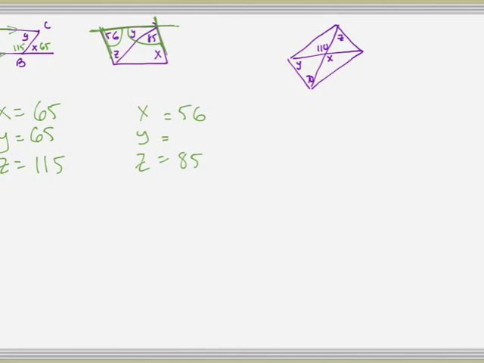Same side interior, which means they should add up to 180. So I can figure out what that whole upper right-hand corner is by doing 180 minus 56, and it's 124. And if part of that corner is already 85, the rest of the corner is 39.